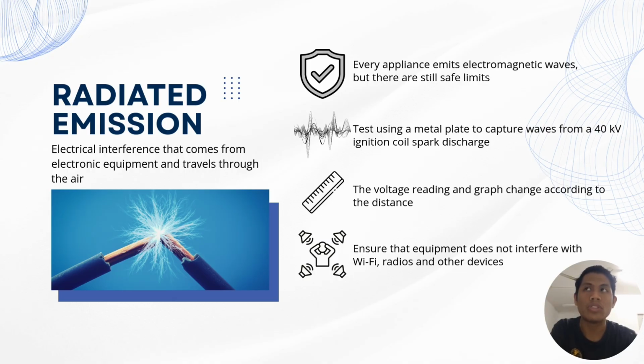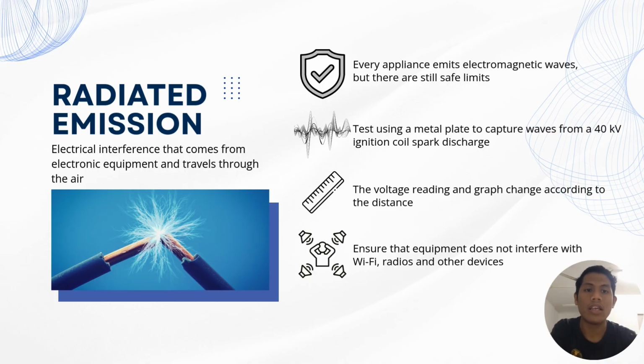What we use in this activity is, first, the radiation source, secondly, the metal plate, whose function is to capture the waveform, and thirdly, the voltage reading and graph, which change according to the distance.